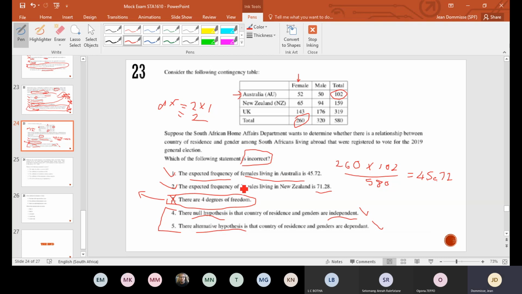Sorry, just a question on the degrees of freedom. Should the calculation be rows minus 1 multiplied by columns minus 1? Yes. Including or excluding your totals? Excluding your totals. Basically the formula is the number of variables in your rows minus 1 times the number of variables in your columns minus 1.